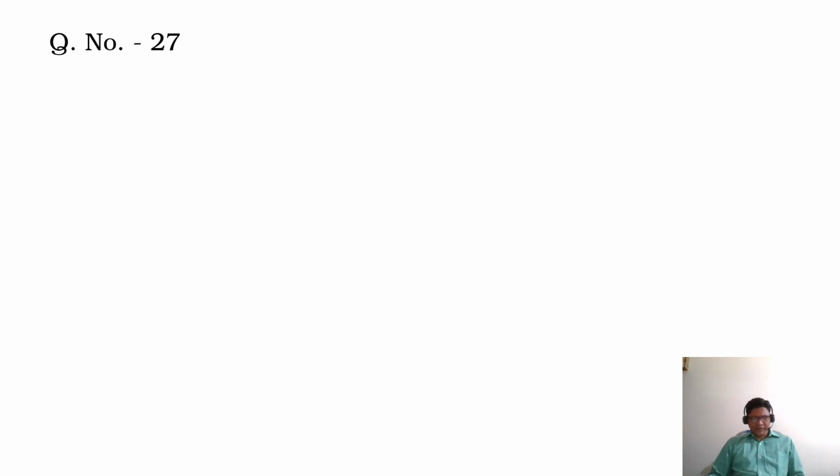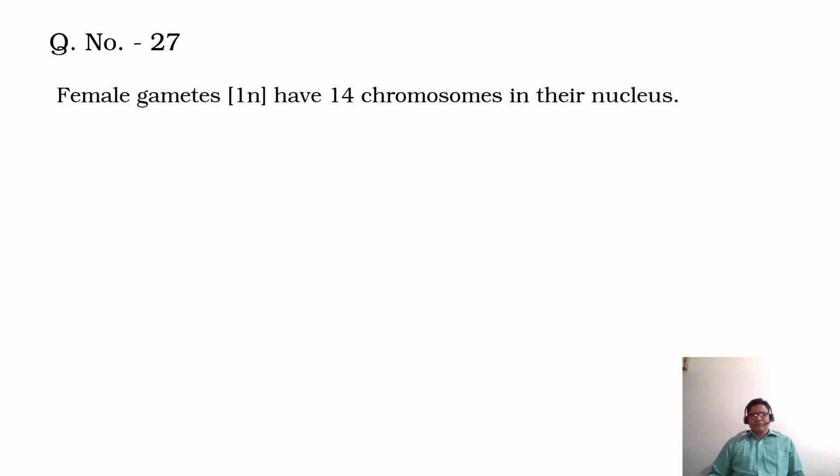Question number 27. The female gametes of an angiospermic plant have 14 chromosomes in their nucleus. The chromosome number in the synergid, embryo, endosperm, zygote and the cells of the seedling will be. So here the chromosome number is given for the female gamete. The female gamete is haploid. That means 14 chromosomes is the haploid number. What is the diploid number? 28.